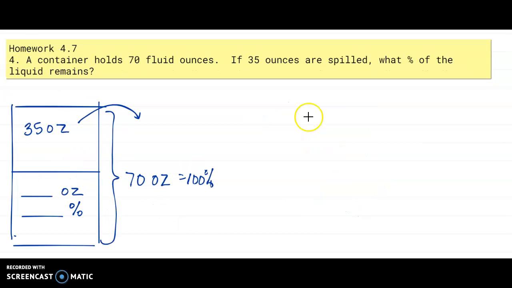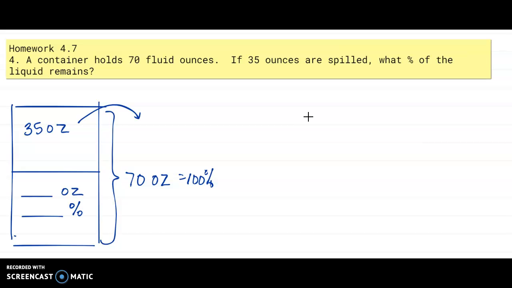Okay, in problem 4, a container holds 70 ounces. If 35 ounces are spilled, what percent of the liquid remains? So if 35 ounces got spilled and it holds 70 ounces when it's full, when it's 100% full, how many ounces are still in the tank?